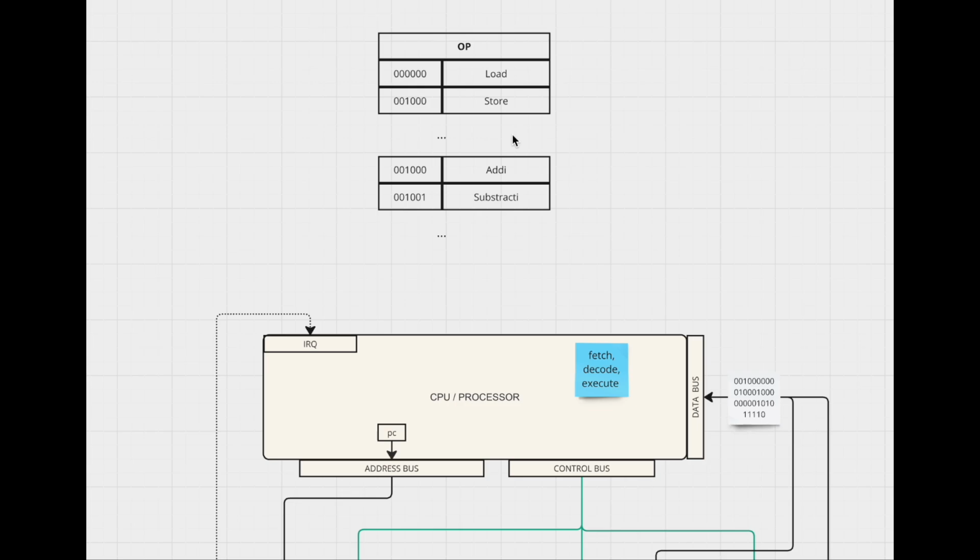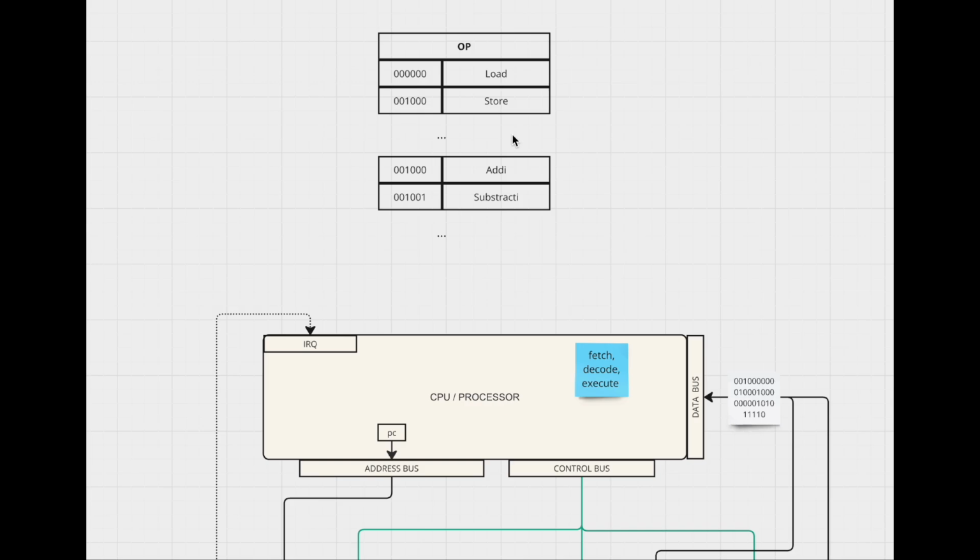For this sample CPU, let's imagine that we have a CPU that has 6 bits for instruction. So if we have 6 bits for instructions, it means we can have 2 raised to power 6 possible instructions on our CPU.